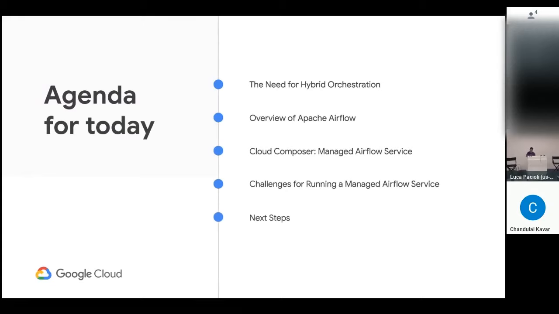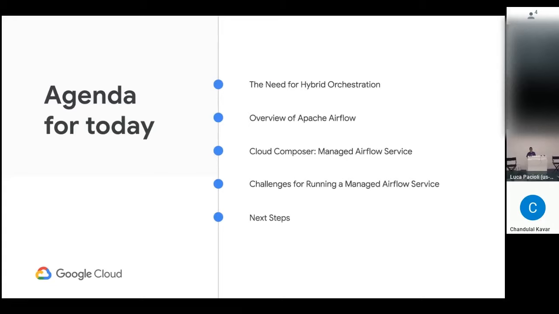Here's a quick agenda for my talk. We start by looking at some stats on where people store data. All of this points out that there's a need for hybrid orchestration. Then we give a little background on how Google approaches workflow orchestration and how we decided to settle on Apache Airflow. Then we look at gaps in Apache Airflow. It is great if you run Apache Airflow for experimenting and launching a small set of DAGs.